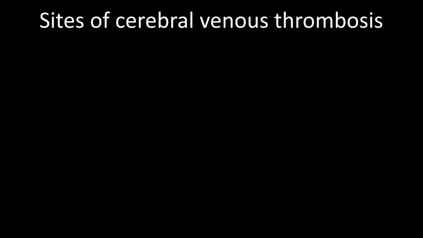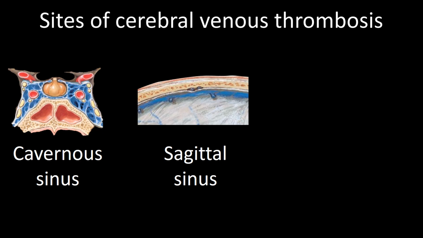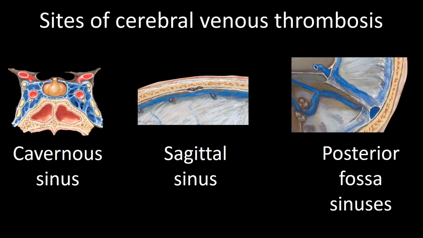The clinical manifestations of venous sinus thrombosis depend on which sinus is involved. Clinical presentation of cavernous sinus involvement differs from the clinical presentation of sagittal sinus involvement, and both differ from the clinical presentation of posterior fossa sinus involvement.